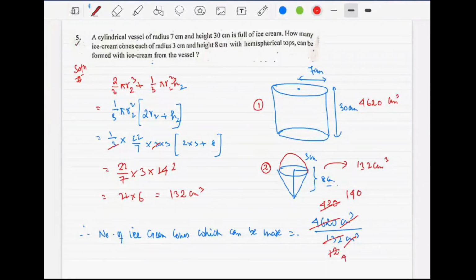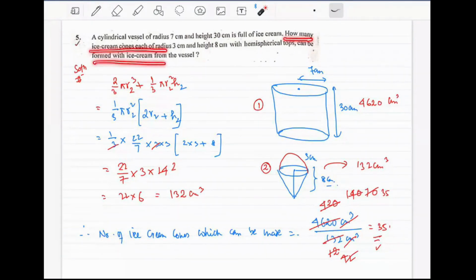After cancellation, as you can see, we have got 35. The question asks how many ice cream cones can be formed from the vessel, from this big one. So after division of the volumes, we get 35 ice cream cones can be made.